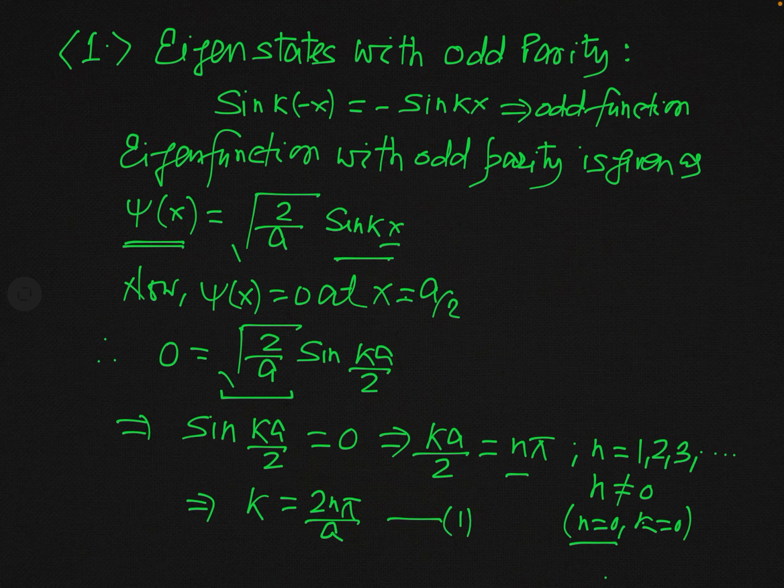Now let us put this value of k in the equation defining the eigenfunction here, and now you can see this k has been defined for a particular value of n, which is n equal to n.